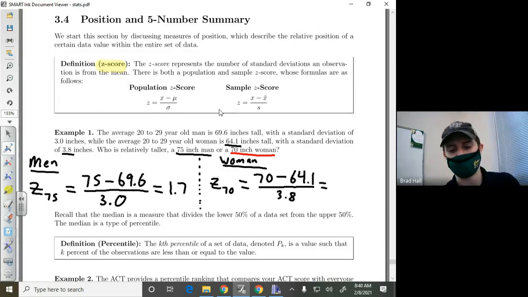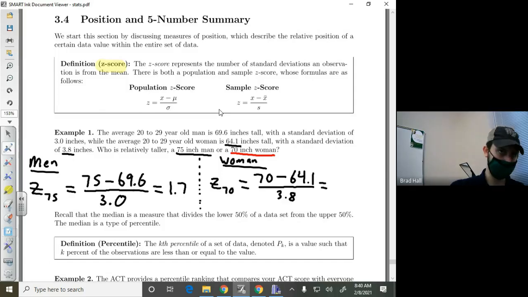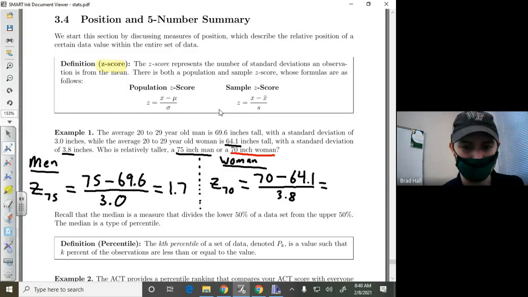And this gives us a new computation to consider. And we can round that to 1.6.